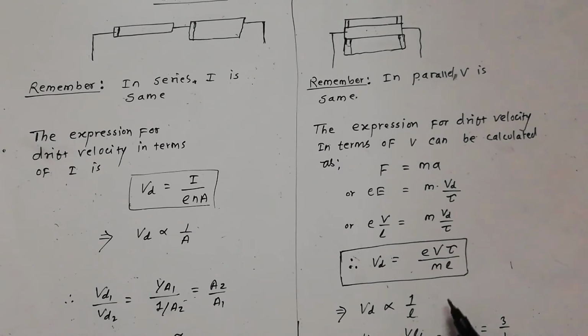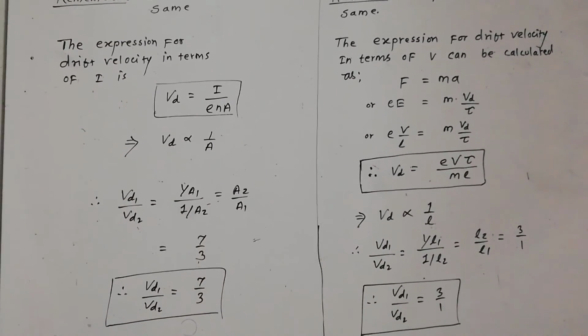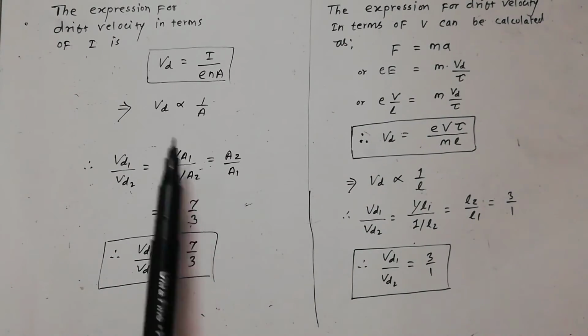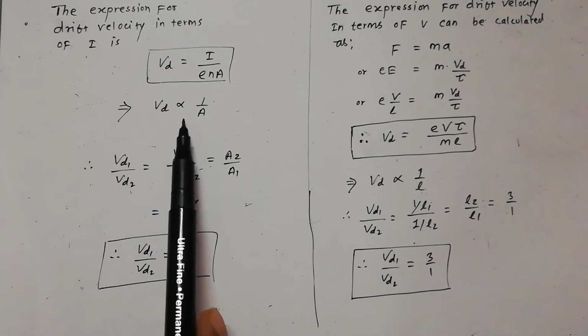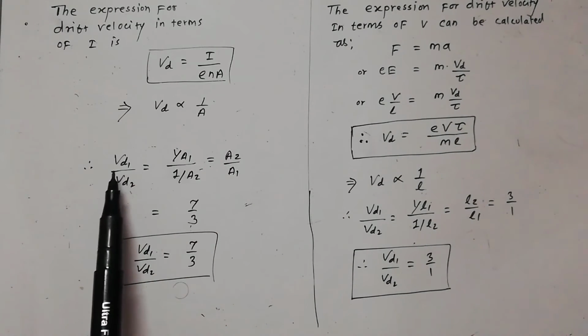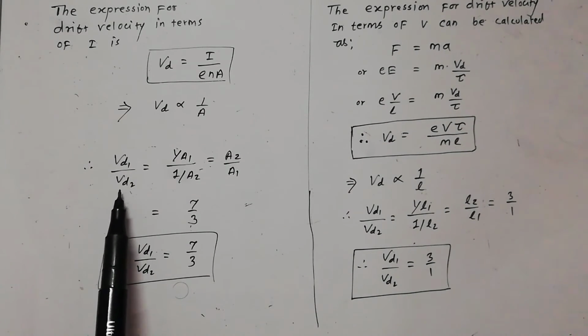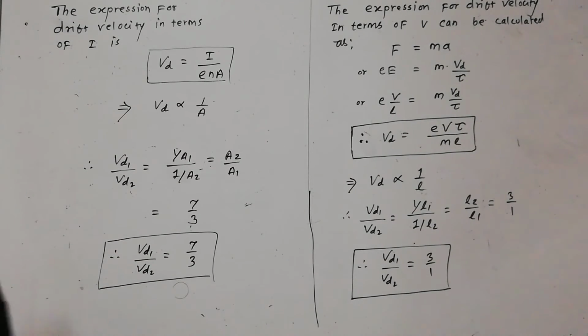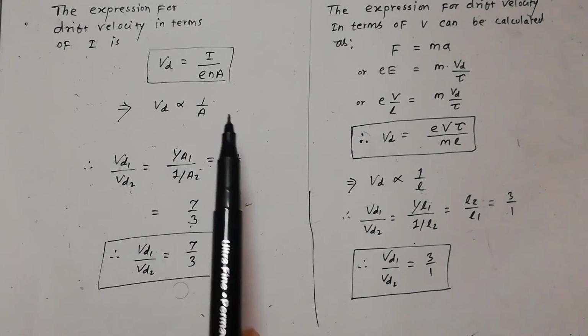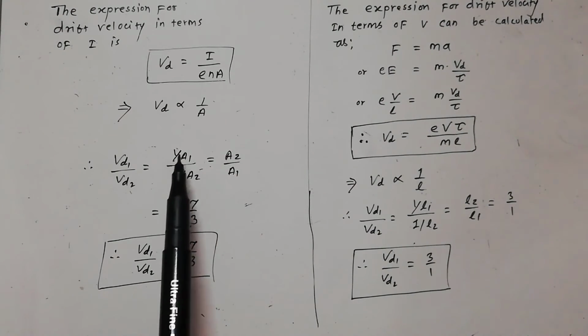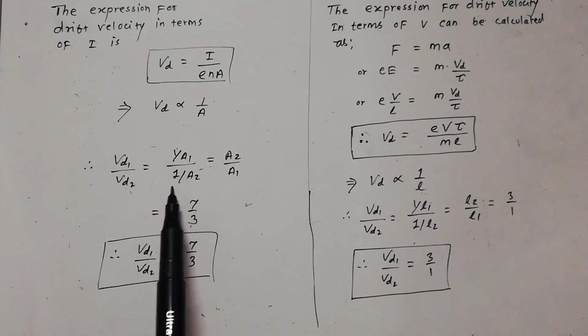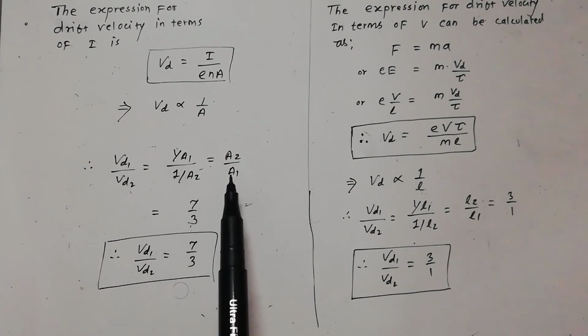This is the simple case we have derived here. So finally, applying these conditions with the question we can write, that means we have to find the ratio of drift velocities here. So this is Vd1 upon Vd2 if we suppose, then obviously from these relations we can write 1 by A1 upon 1 by A2, and that means A2 by A1.